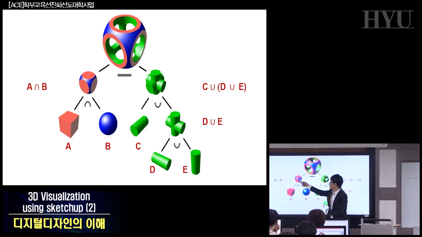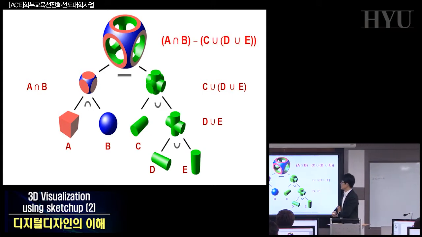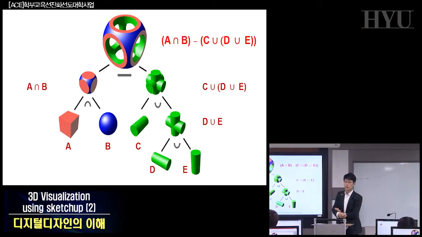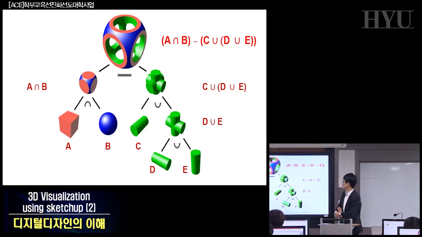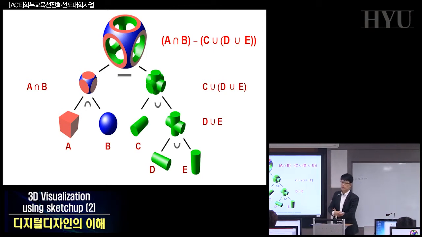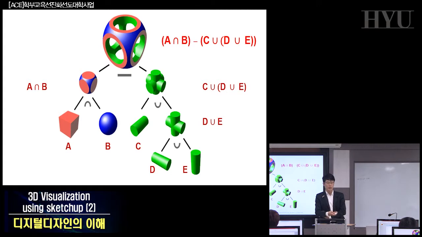So simply this one minus this one. The final operation can be represented in that way in mathematical form, okay? So that kind of geometric forming is another way: constructive solid geometry.